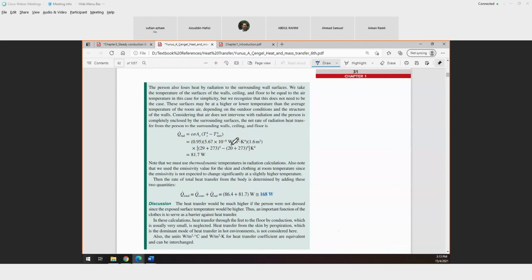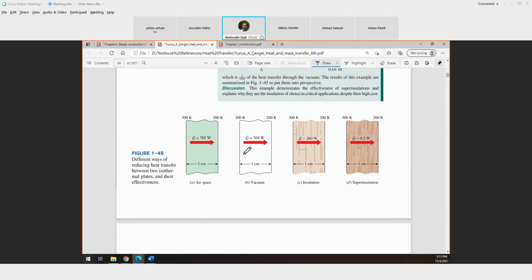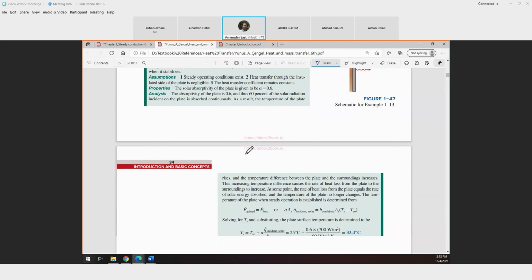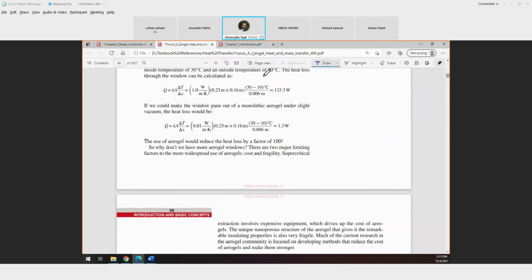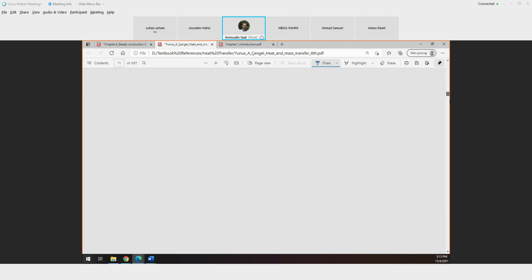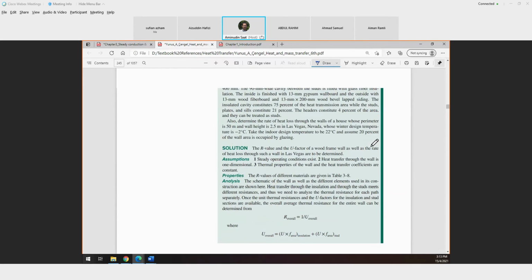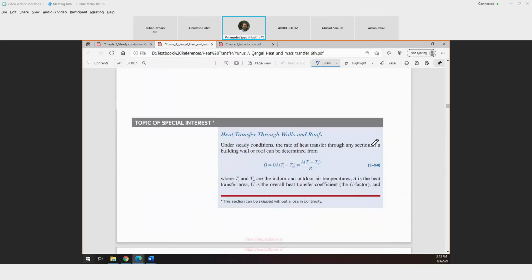We try to find some description on how to neglect the radiation. I cannot find any example here. Let's say we go to some example in the conduction resistance.